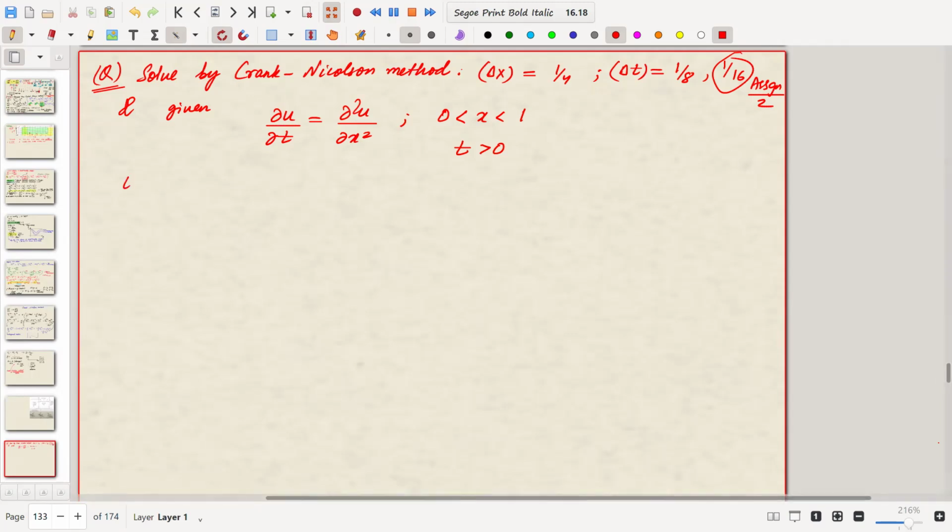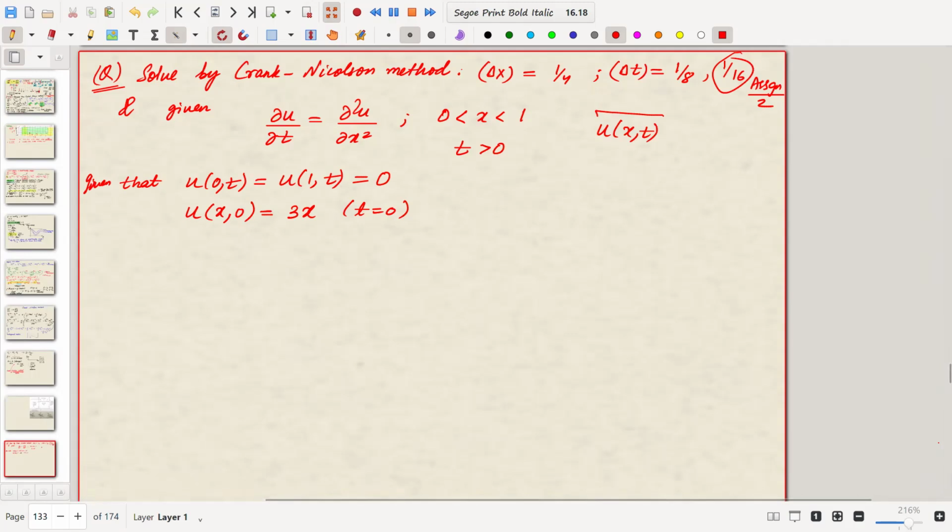Given that u(0,t) equals u(1,t), that is at x equal to 0 and at x equal to 1, for every time the temperature is 0. And u(x,0), at time t equal to 0 at any point x, is 3 times x. You can see u(x,t) as the solution. Can you solve it by Crank Nicolson method?